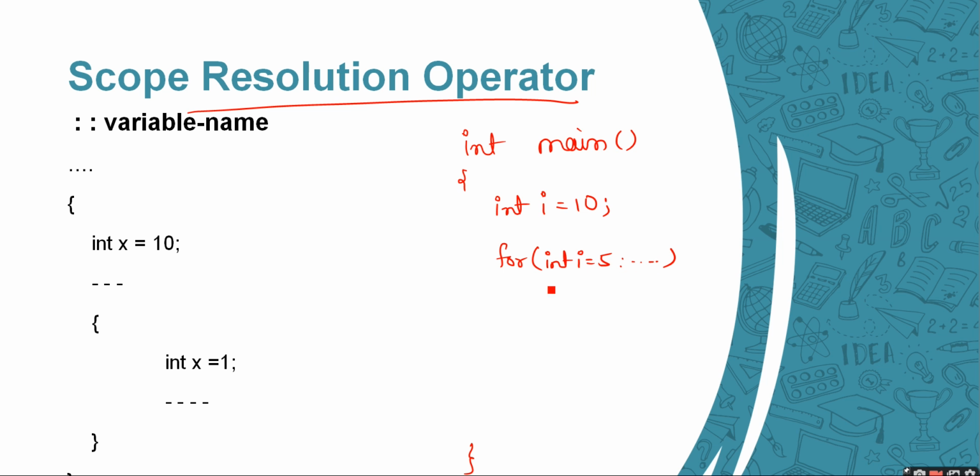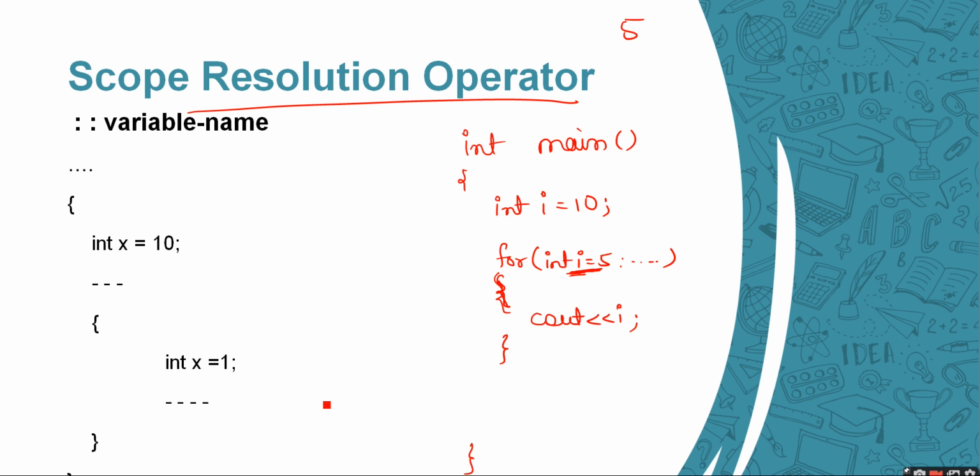Now, if I write cout i inside this, what value is going to print? 5. It is going to consider this i, because in this block, it is the nearest one. So it is going to output 5.